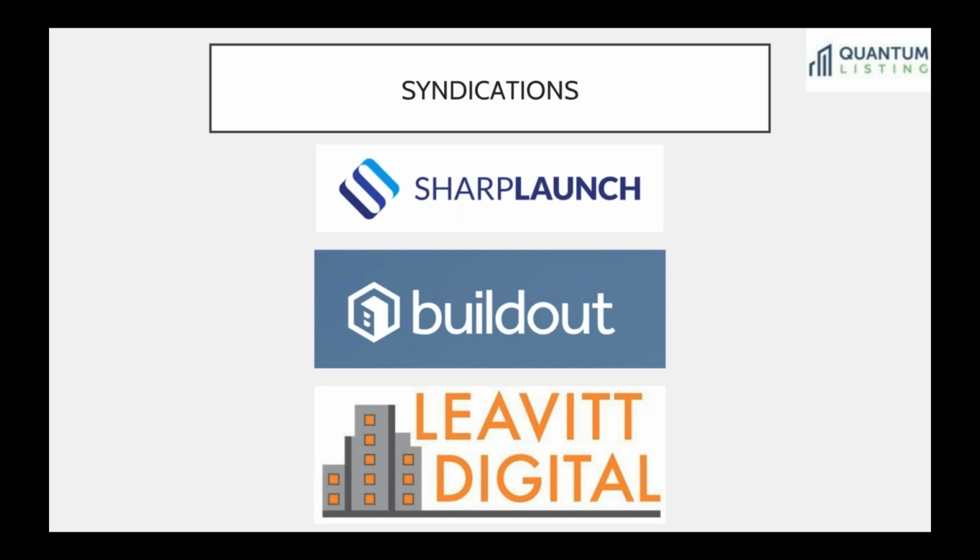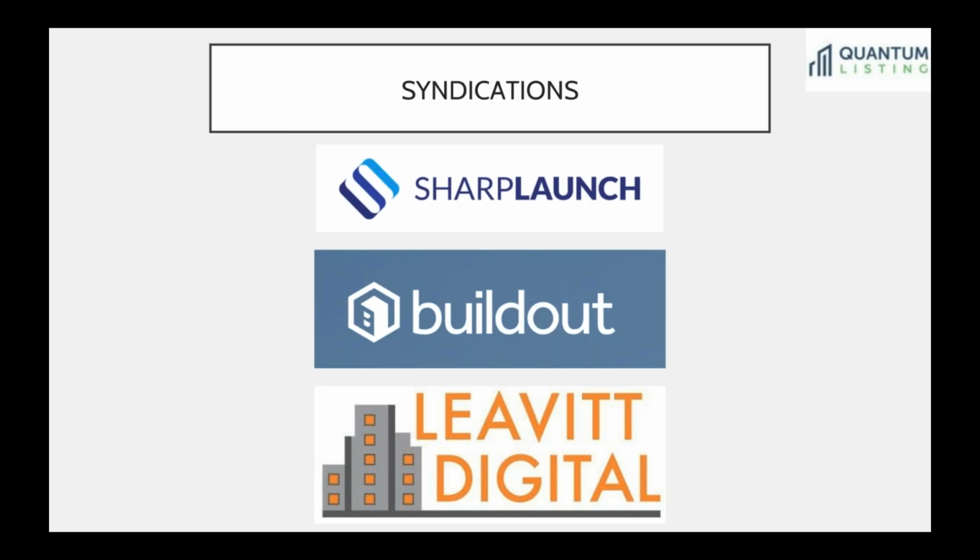So this is a super way to get your listings out there to the wide world, beyond just through Quantum Listing. If you're in Phoenix, there'll be a Phoenix website, and people will be able to find your listings there. The other great thing is there's no extra charge, either from us or Levitt Digital, to do this.